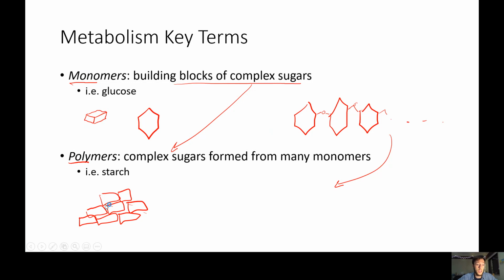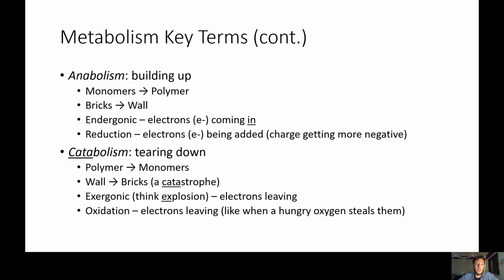So taking all these individual parts and putting them together with mortar to make these bricks bound together and become one more complex structure. That is anabolism, turning monomers into a polymer, or bricks into a wall. This is an endergonic reaction because electrons are moving in.